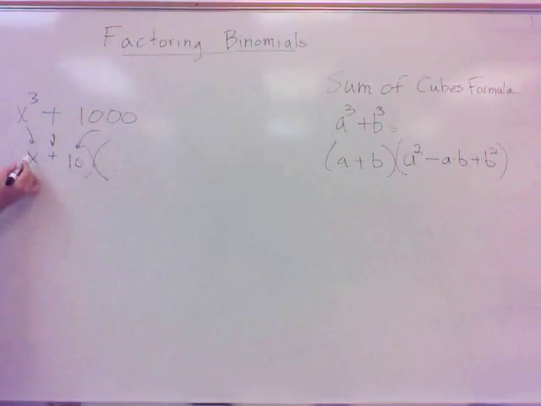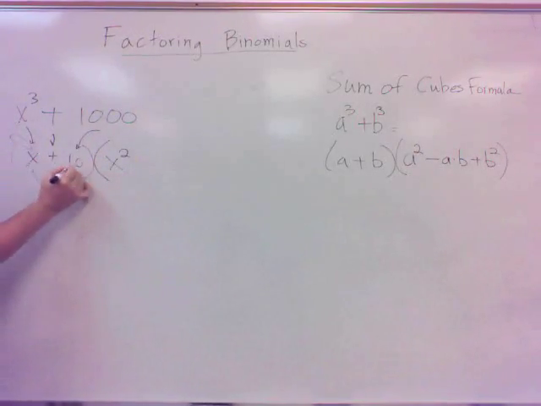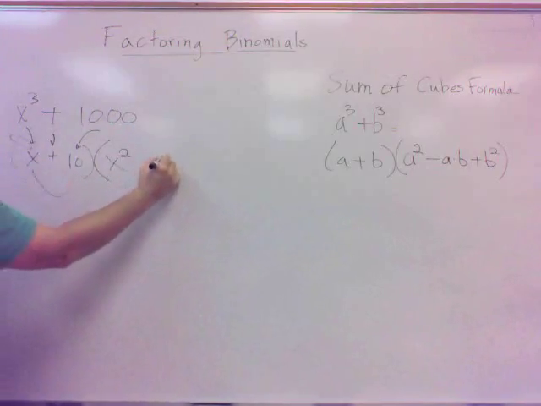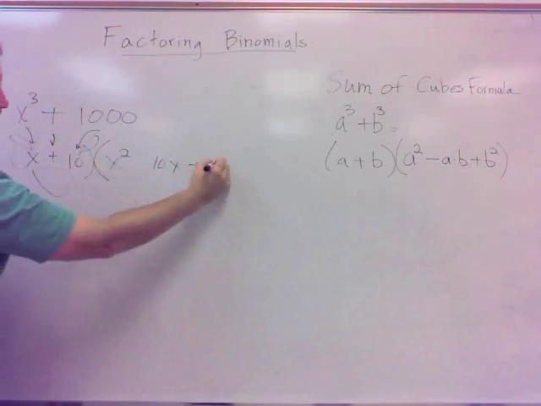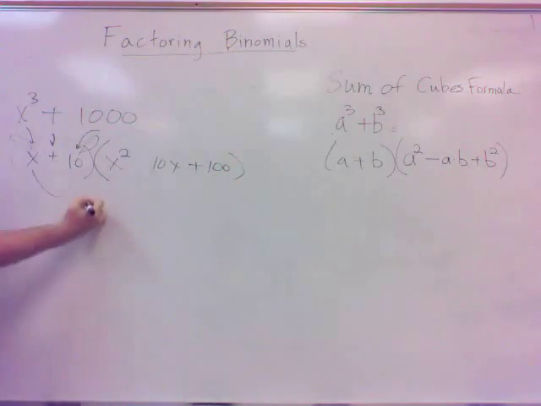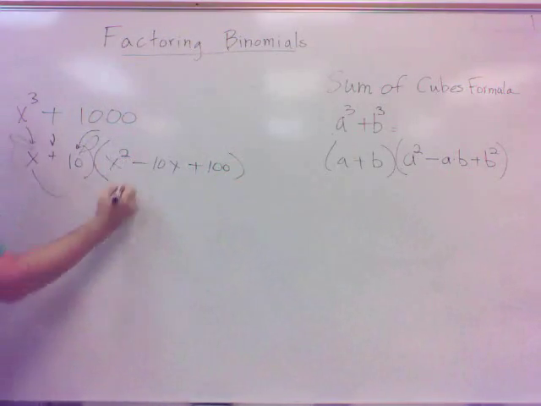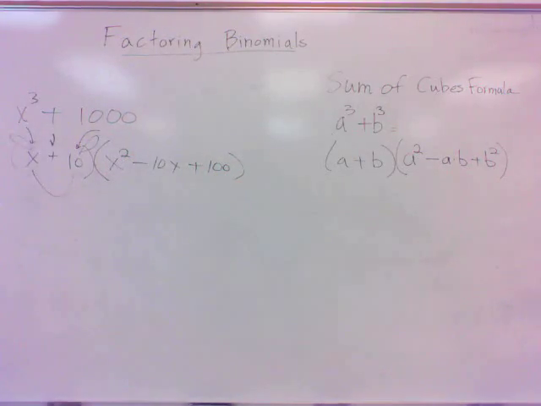All right, then here, what we do is, yeah, we square this. Take this times itself, so that's x squared. That times that, x times 10 is 10x. And then the last is that one times that one, so that's 100. The only difference is there's a minus between them instead of a plus.